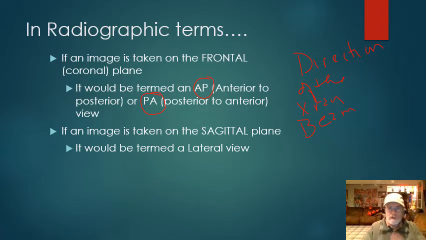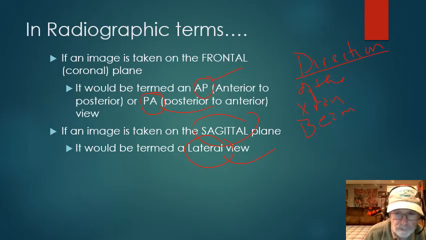So in other words, if I'm looking at a frontal plane image, I'm looking from either anterior to posterior. Anterior means in front, posterior means behind, or posterior from behind to anterior, because I'm viewing somebody on this frontal plane. If the image is taken on the sagittal plane, it's called a lateral view because it's coming in from the side. And so we describe the X-ray by AP, PA, or lateral by the direction of the beam.